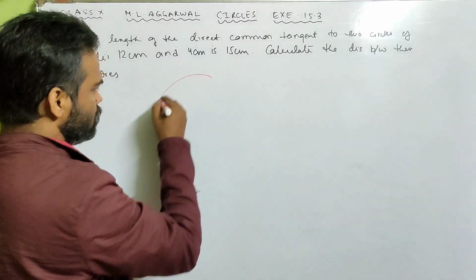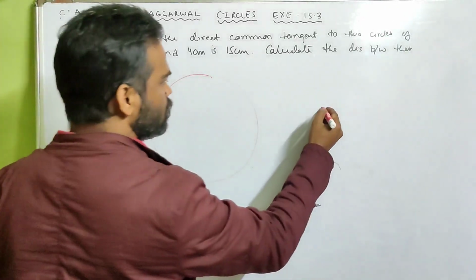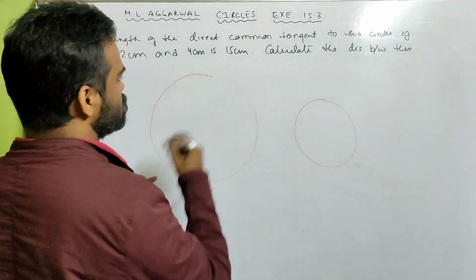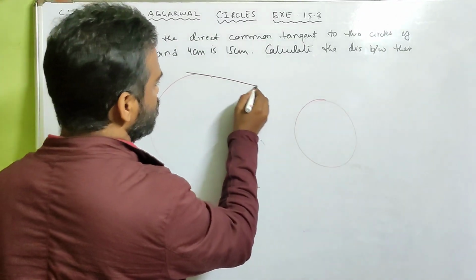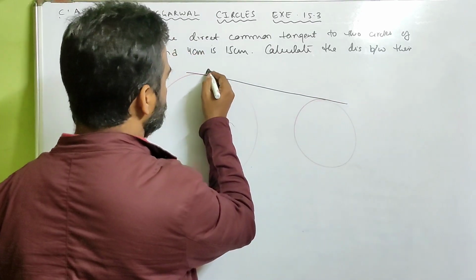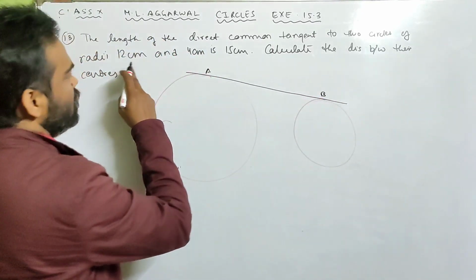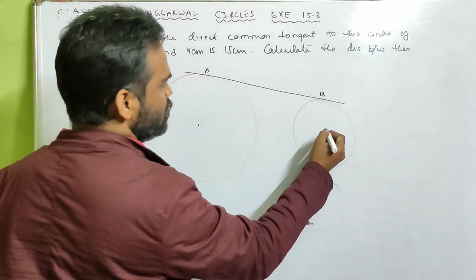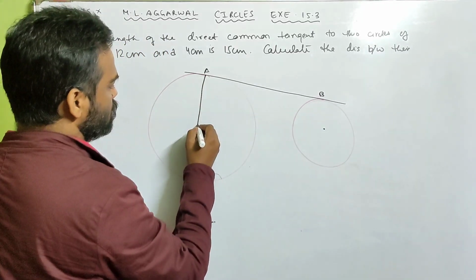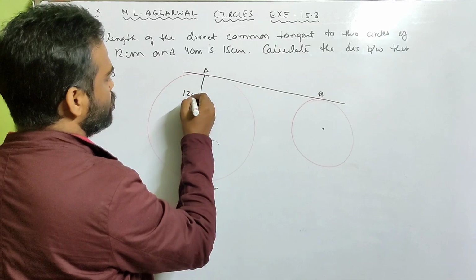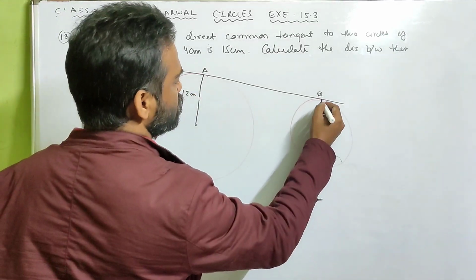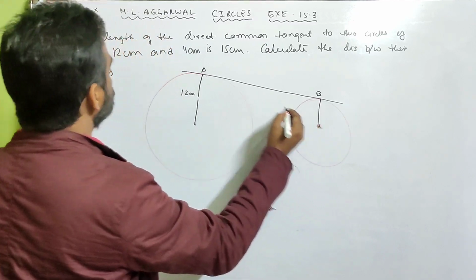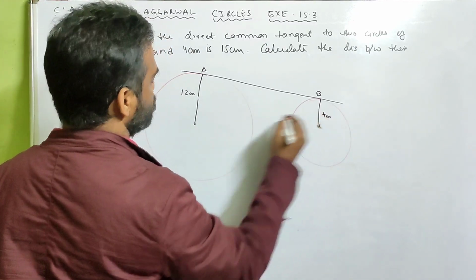So what happened? I'll draw two circles again. Okay, this is the direct common tangent, suppose AB. The radii of the two circles are 12 centimeter, and for this one it is how much? 4 centimeter.